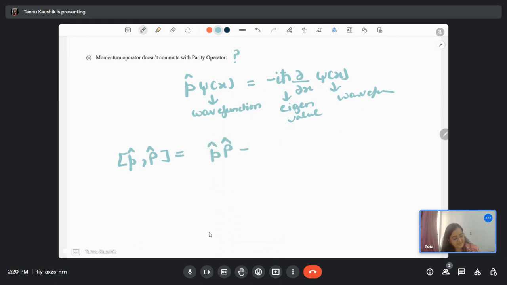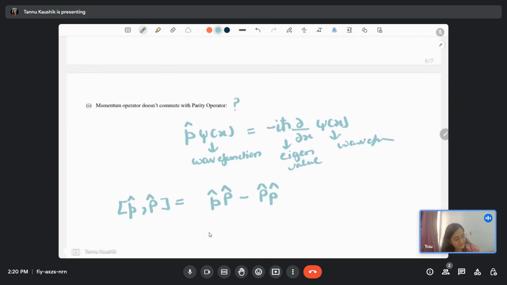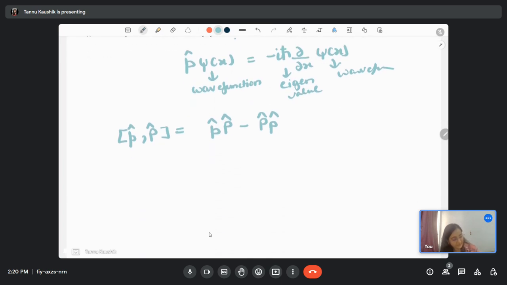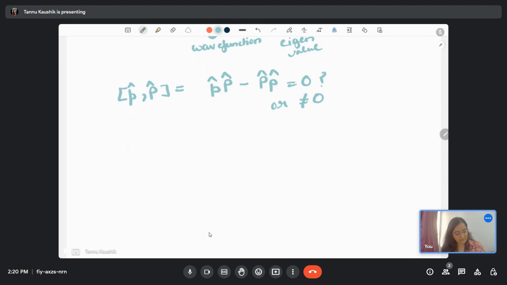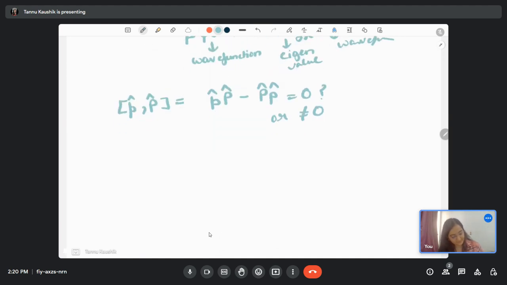Okay, so now we will check whether this momentum operator commutes with parity operator or not. That is, when we exchange the positions of these two operators, whether the difference is equal to 0 or not equal to 0.